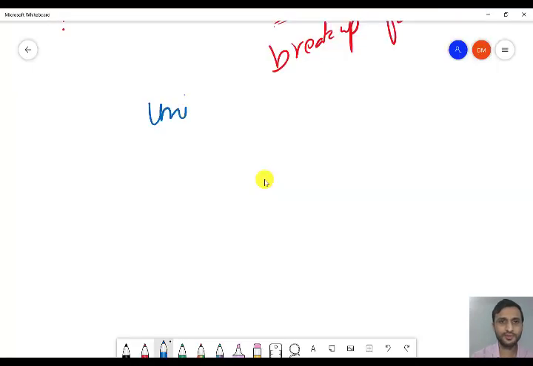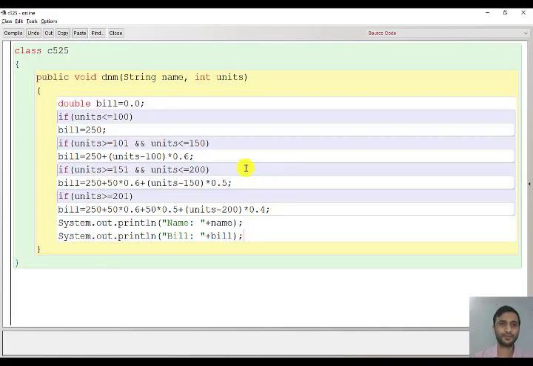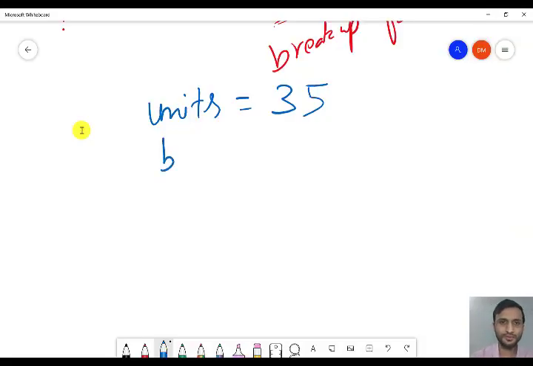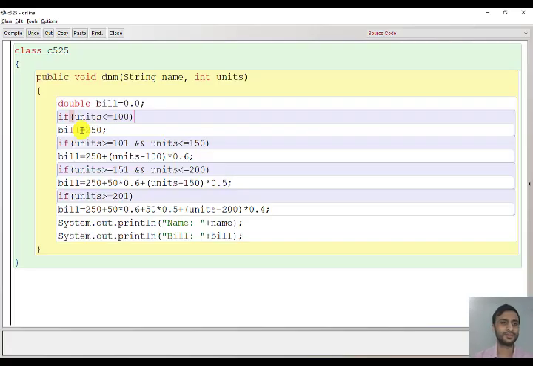So for example, units consumed is 35. So 35 less than equal to 100, true. So bill equals 250.0, since it is double. Then again it will check the ifs. Even if it is true, it will not go directly to the print statement. It will check all the ifs. So 35 greater than equal to 100, true, and then 35 greater than equal to 101, false.